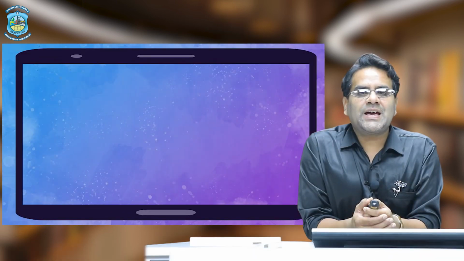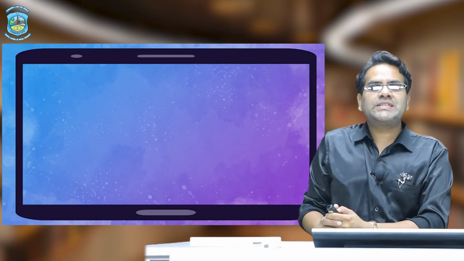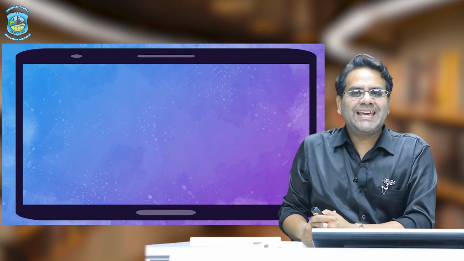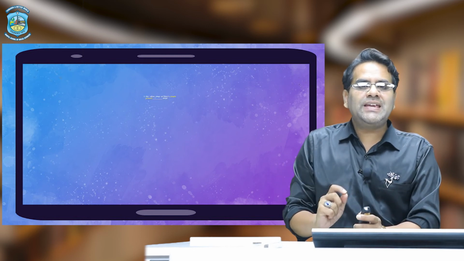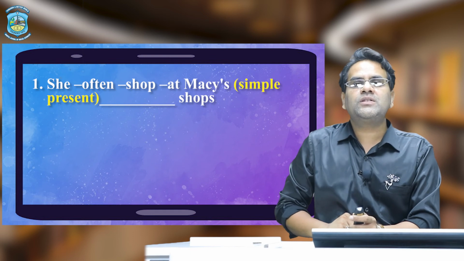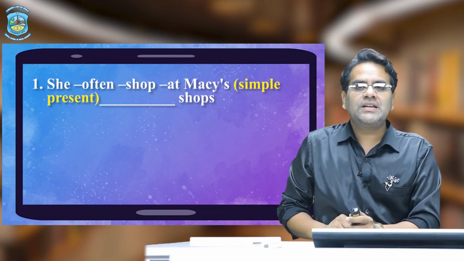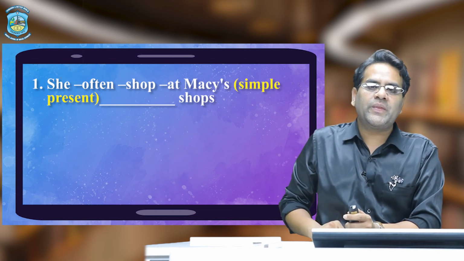I have used one sample example for your help. I have taken some simple single-word hints. What you need to do is arrange or join these individual words and make a proper, sensible tense statement. How it is done, let us work on that.